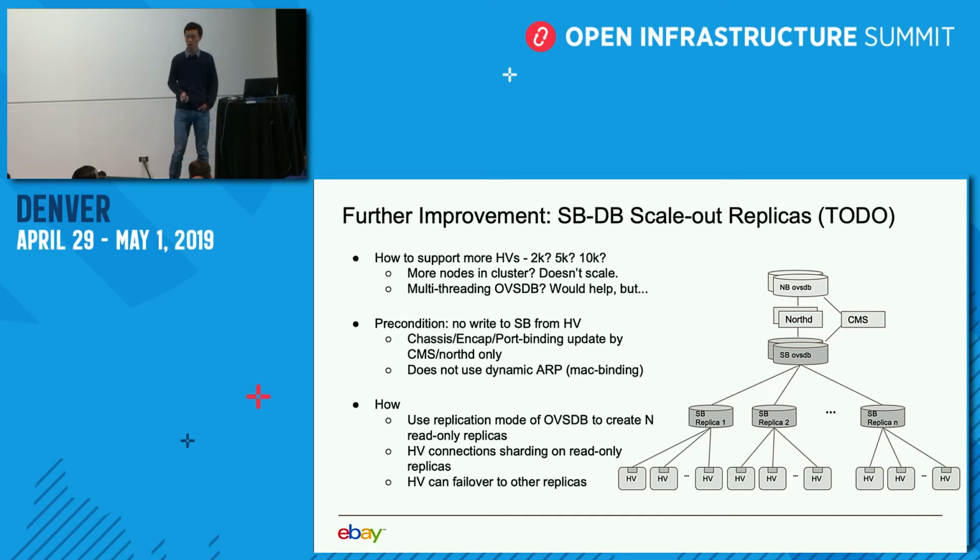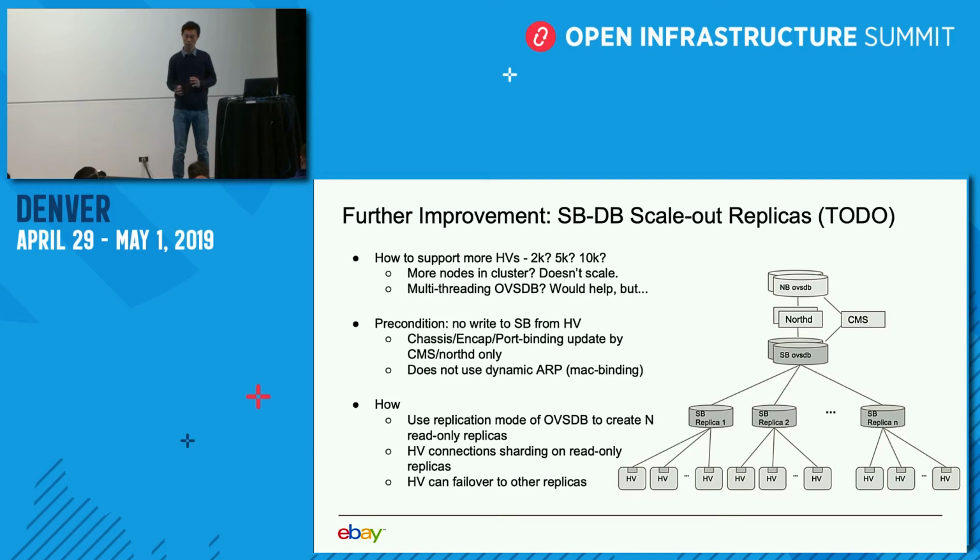A much simpler approach, I think, is if we have the precondition that there's no write to the southbound DB from the hypervisor. So all the updates to the southbound DB can only be done from the north side, from either ovn-northd or the CMS side: the chassis, encryption, encapsulation, and the port binding updates can actually be done from northbound and the CMS.